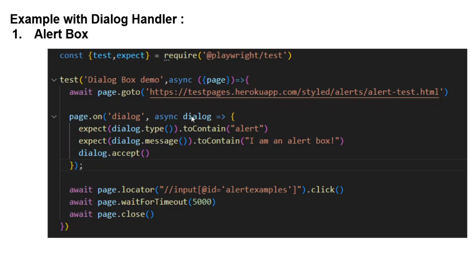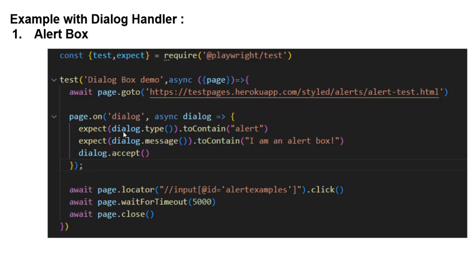So we have seen the first example of the alert box, where when you click on the button which triggers the alert box, before that action we have to write and register a dialog handler. So this is the syntax, page.on, and this is the overall syntax of creating a dialog handler.